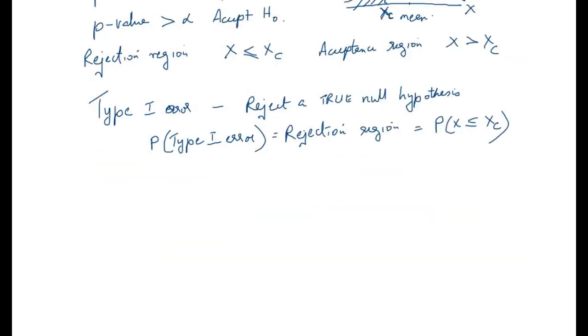Okay, so the next thing we want to talk about is the second type of error, which is the type 2 error. In a type 2 error, we end up accepting a false null hypothesis.